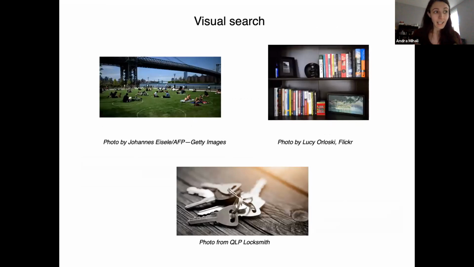Okay, so visual search. Visual search is a daily task for animals and humans. We have to identify our friend in a crowd, stay socially distanced. We have to detect whether the book we want is on this bookshelf or not, whether it's present or absent. And we have to locate the key that we want on a keychain. Sometimes search is not that difficult.